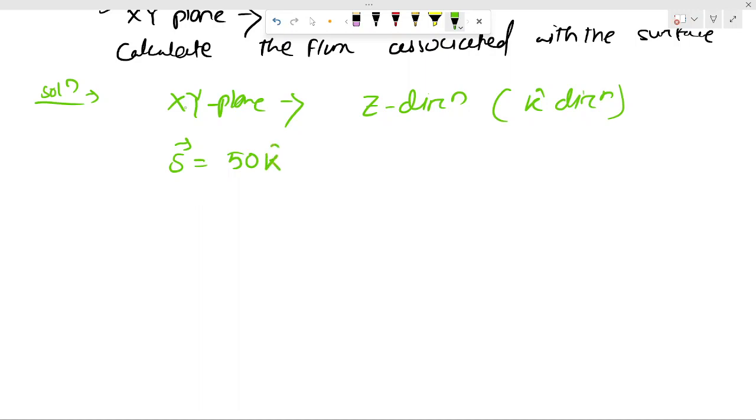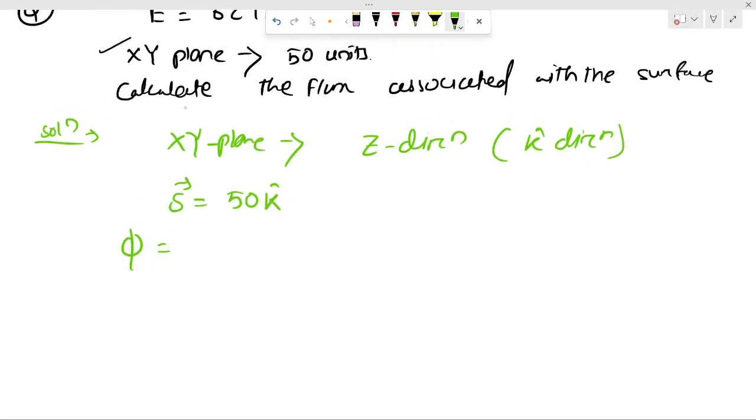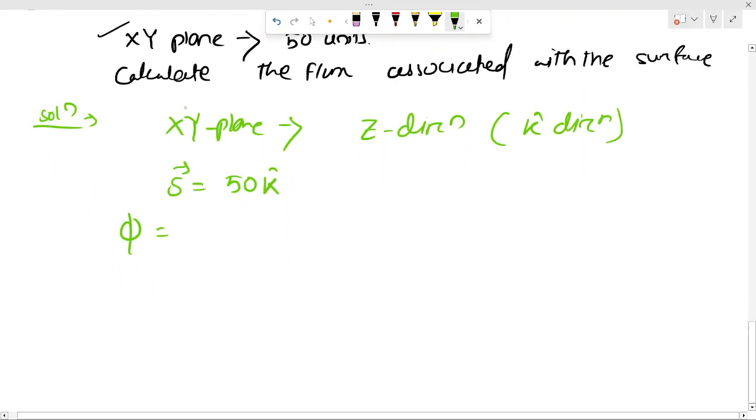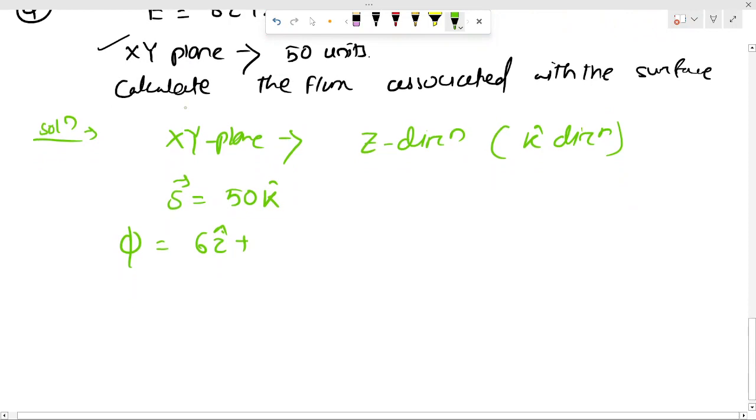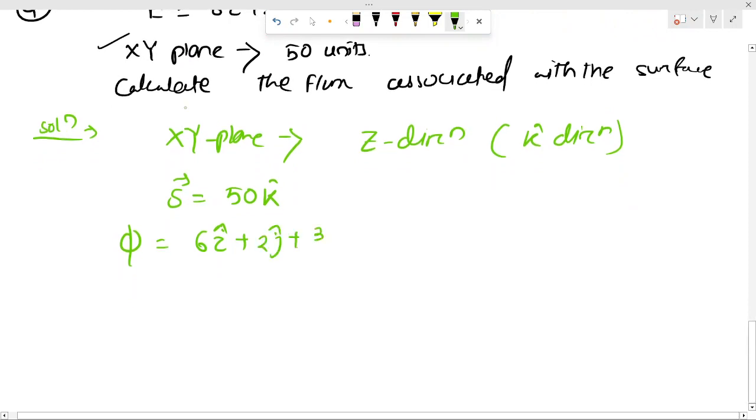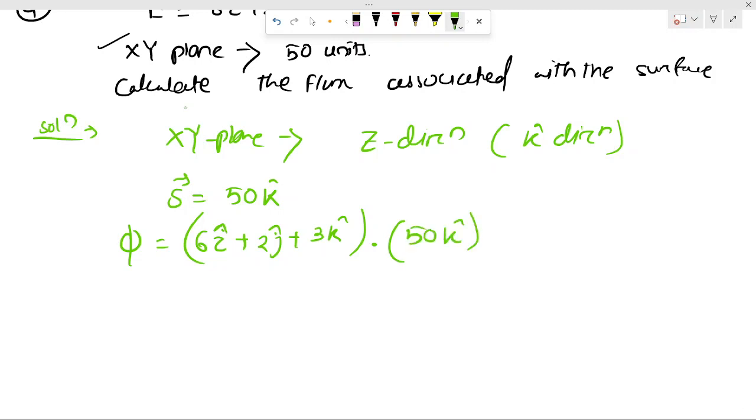Okay, I know the formula for flux is E dot dS. Here dS is how much? 50. So I will write the electric field, which is 6 i cap plus 2 j cap plus 3 k cap, dot product with the area vector. The area vector is 50 k cap.